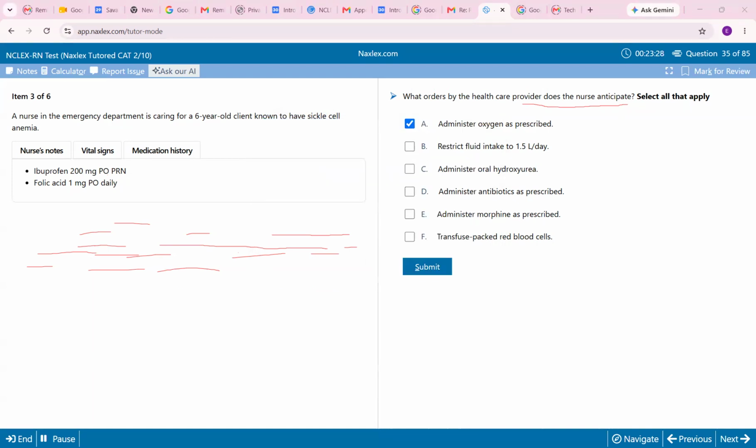Actually, for those who are taking this hydroxyurea, we should check the order. Take exactly as prescribed and swallow the capsule whole. We should not crush or open the medicine. We can instruct the client to drink plenty of water, unless restricted, and wash hands after handling the capsule, because it is an anti-metabolite.